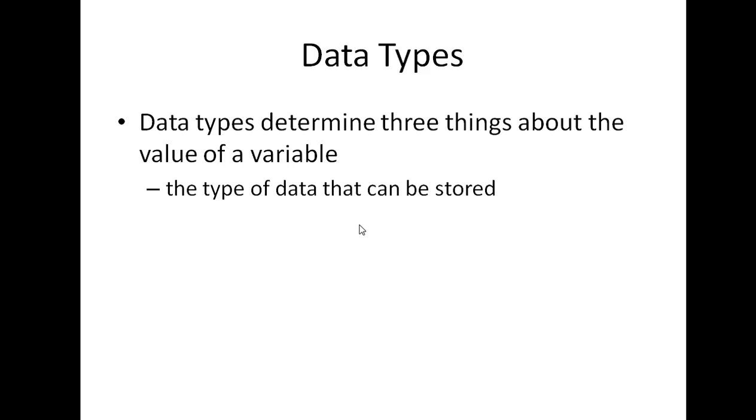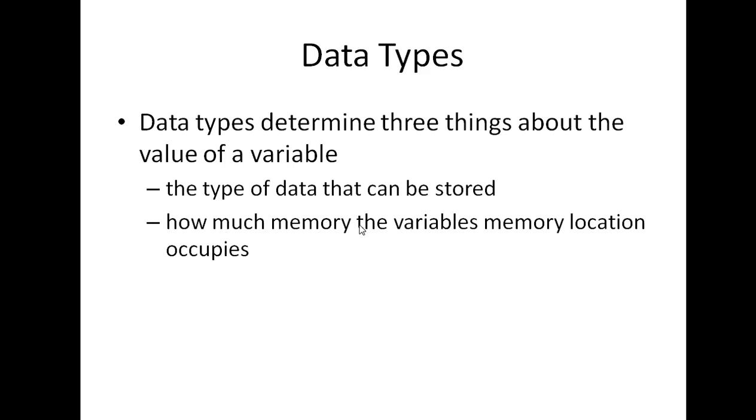It can't store decimals. It'll also determine how much memory the variable's memory location occupies. Some memory locations are going to take up more memory in the computer than others. And so the data type is going to determine how much memory that memory location takes up.